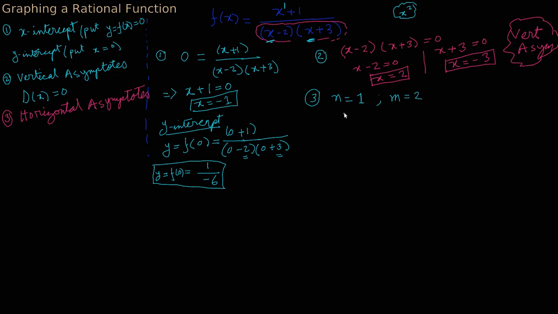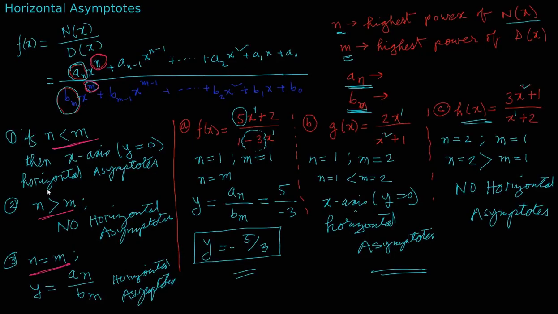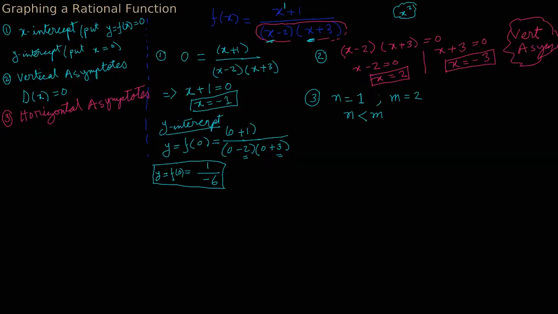In this case n is less than m. If n is less than m, then the x axis is my horizontal asymptote.